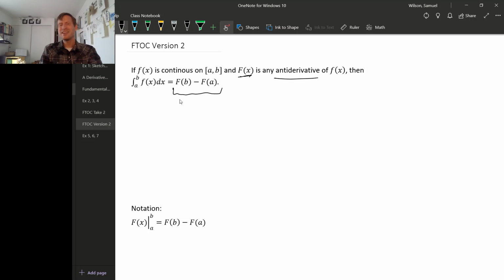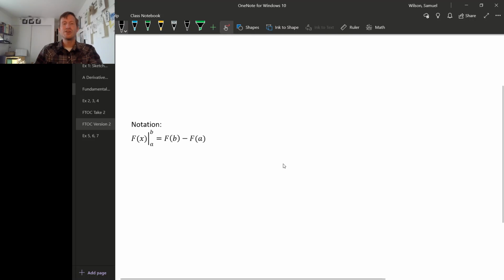This expression right here, capital F evaluated at two places and subtracted, shows up often enough that it's really nice to have some notation to abbreviate it. Usually we'll have a formula for capital F, and we don't want to write out that formula twice if we don't have to. So here's the notation people usually use: we write a vertical bar next to capital F with the bounds next to the vertical bar like this.